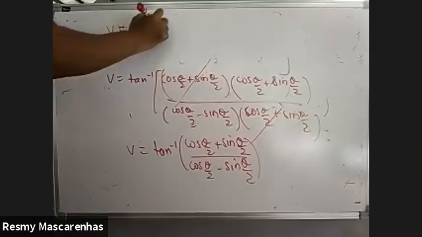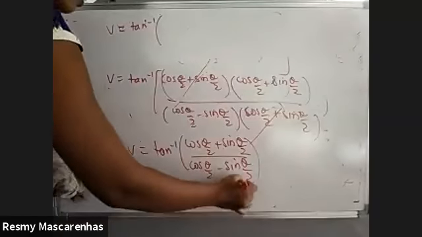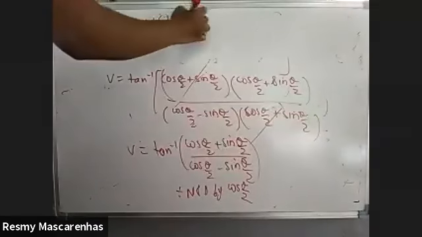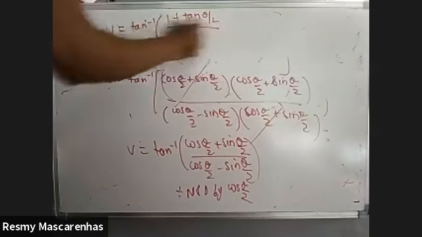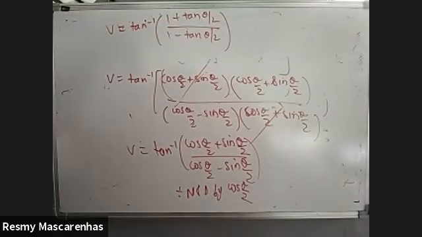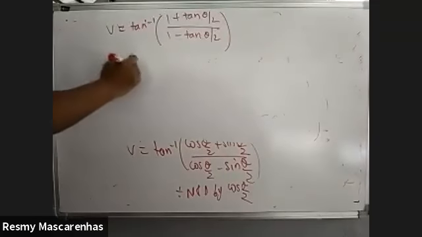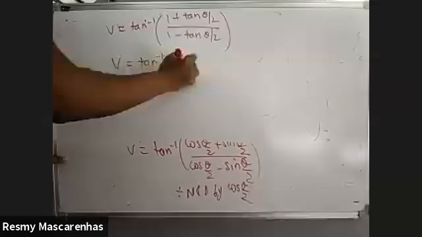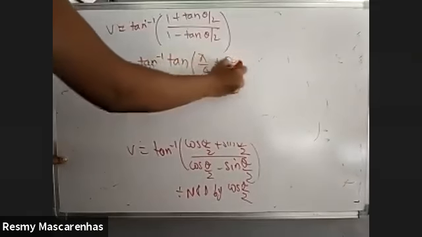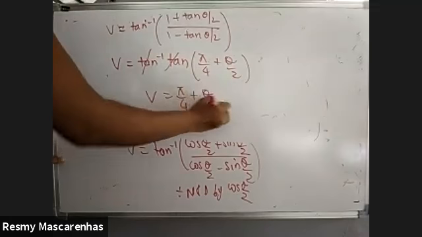So v will be tan inverse of, dividing numerator and denominator by cos theta by 2, so you'll get this. So v will be pi by 4 plus theta by 2.